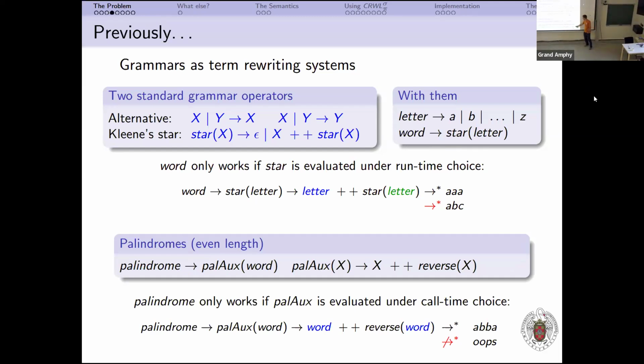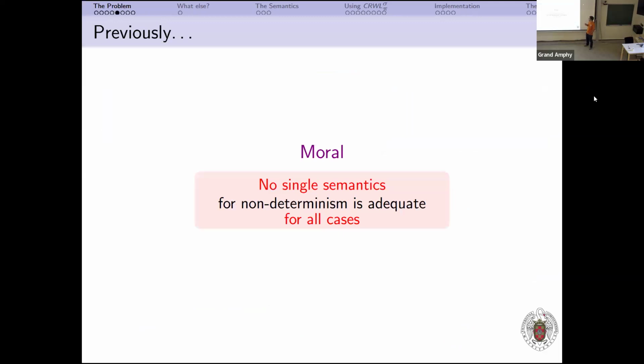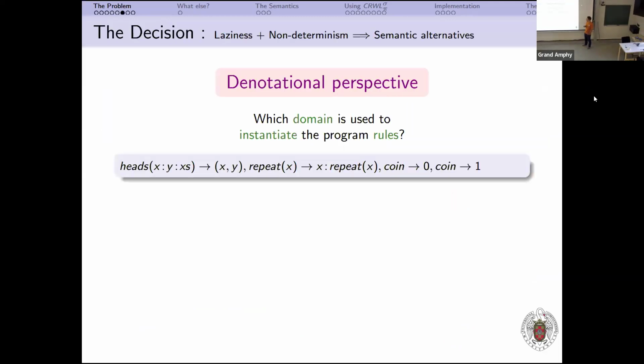So for example, you can get ABBA, or you can get oops, which is not a palindrome. What's the point here? That no single semantics for non-determinism is adequate for all cases. It would be nice to have, depending on your function, the semantics as an option.